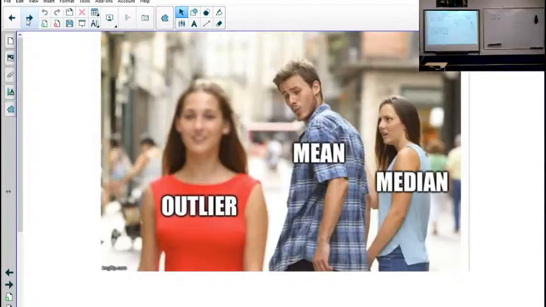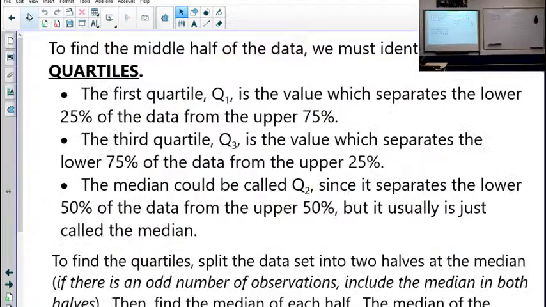So today we're going to talk about spread. But before we do that, we have a new word, which is quartile. It is a similar idea to the median, which basically splits the data in half.